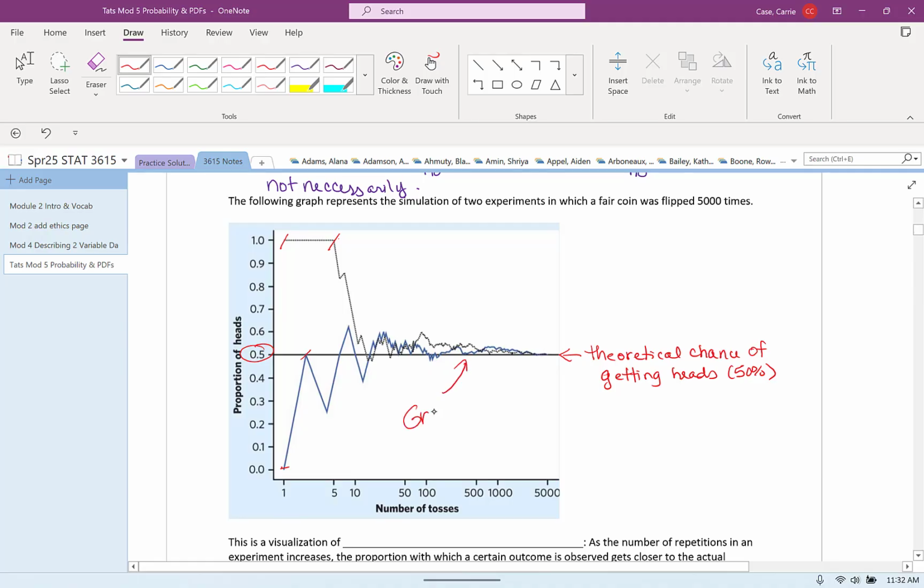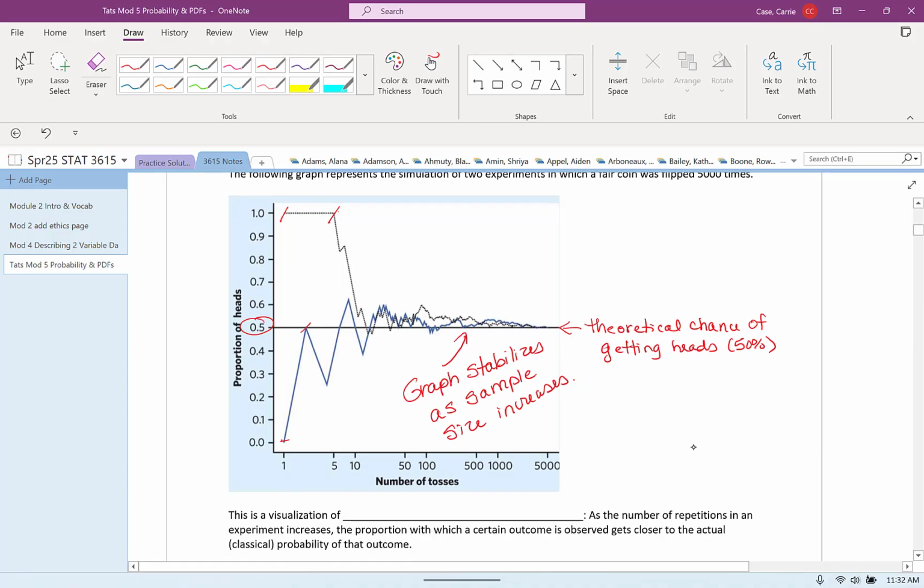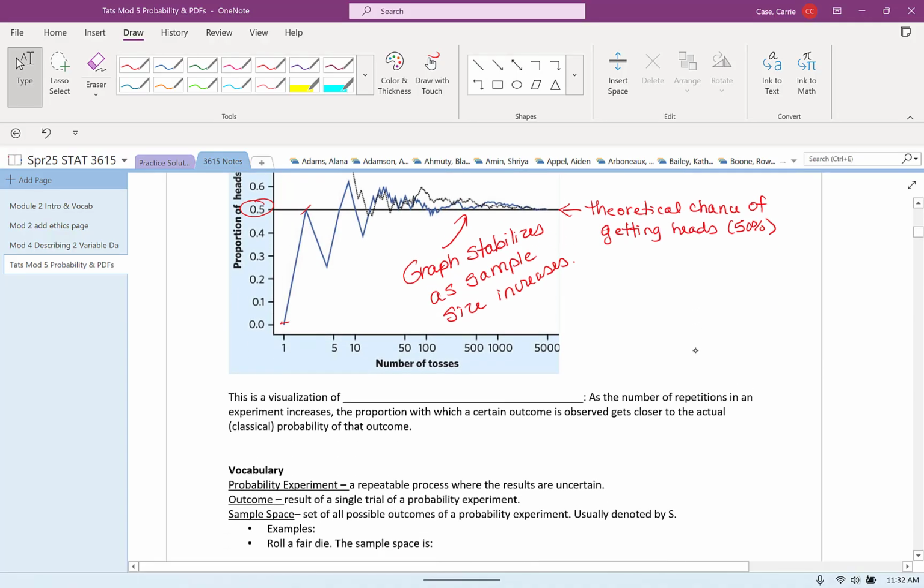So the graph stabilizes as sample size, or the number of times we do the experiment, increases. And it stabilizes right at that theoretical probability. This is a visualization of something called the law of large numbers.